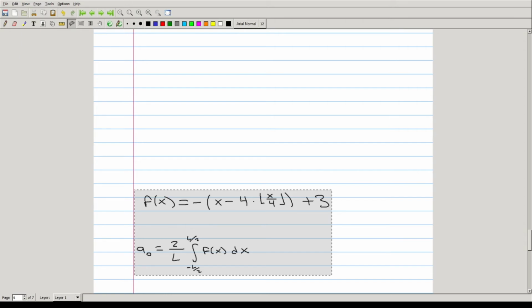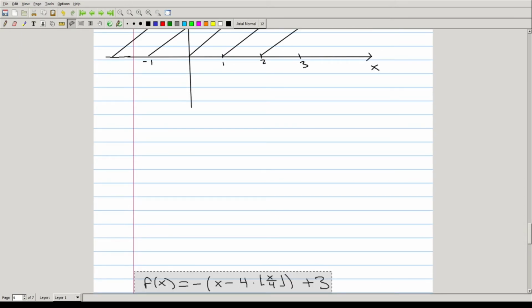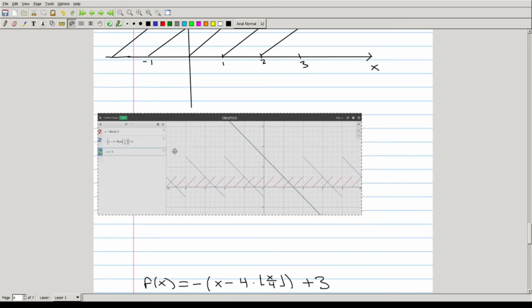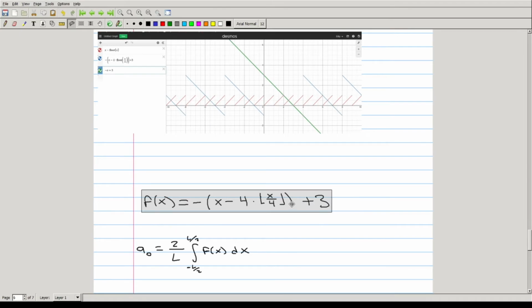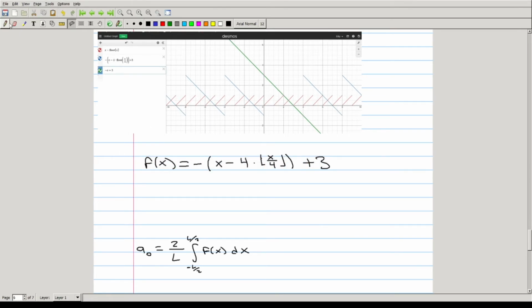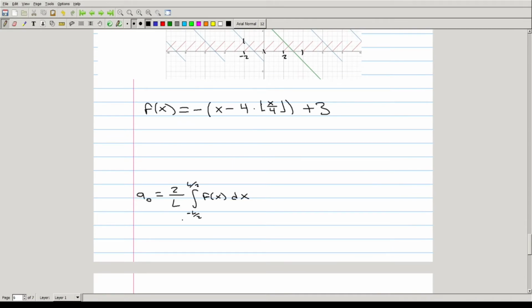So this sawtooth function that we're investigating, which is our f of x, the blue function, because the integral is from negative L over 2 to positive L over 2, the integral of the blue function from here to here is going to be the same as the integral of the green function from 0 to 4. Or negative x plus 3 integrated from 0 to 4, which is really cool.